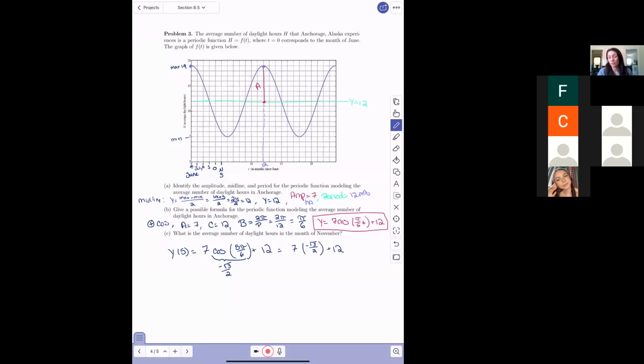It doesn't simplify to a whole number. But you could plug this into your calculator, and that's about equal to 5.9378, which is about equal to 6 hours. Any questions there? Okay, moving on.